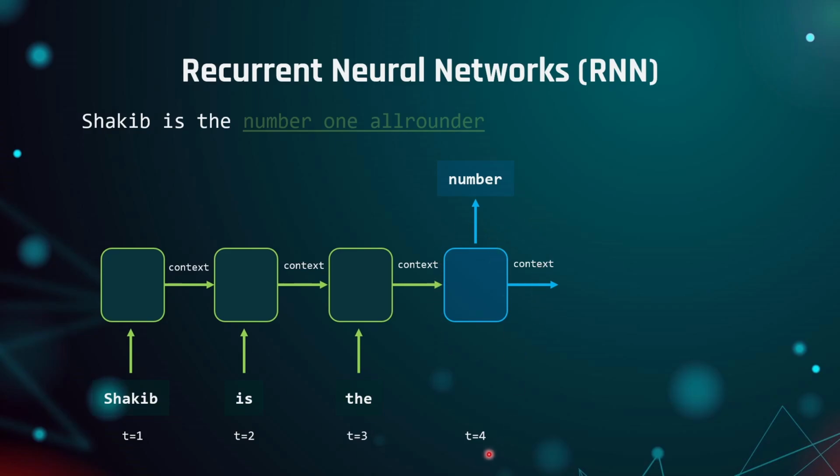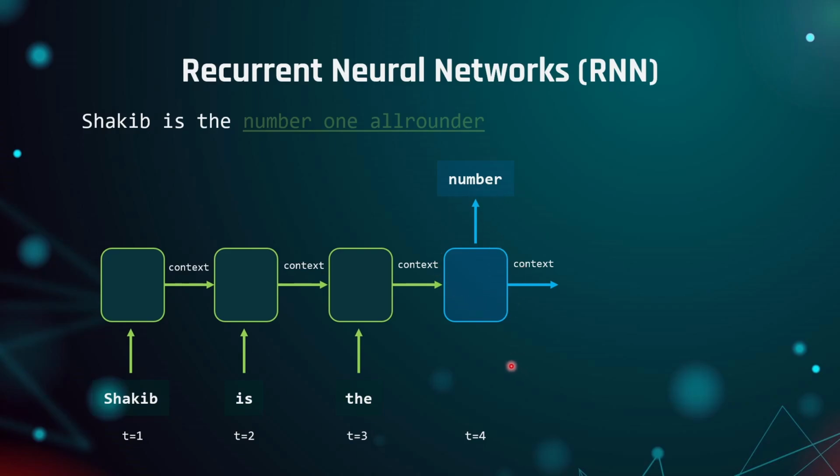So at time step 4 it would generate the word number, and again it would generate a context, basically the memory, right? So যখন এটা number এই word টা generate করছে, at the same time it also needs the context, right? So the word number is also included in this context.